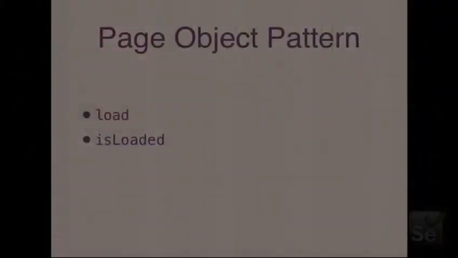So I'm not going to go to a lot of detail about the page object. If you're all familiar with it, we've got a load method, we've got an isLoaded method. The page object describes a loadable component. Your page could be that loadable component. Your page could comprise several loadable components.